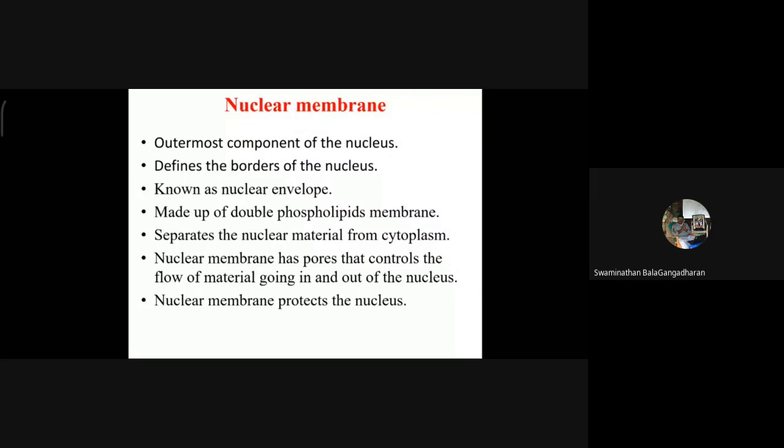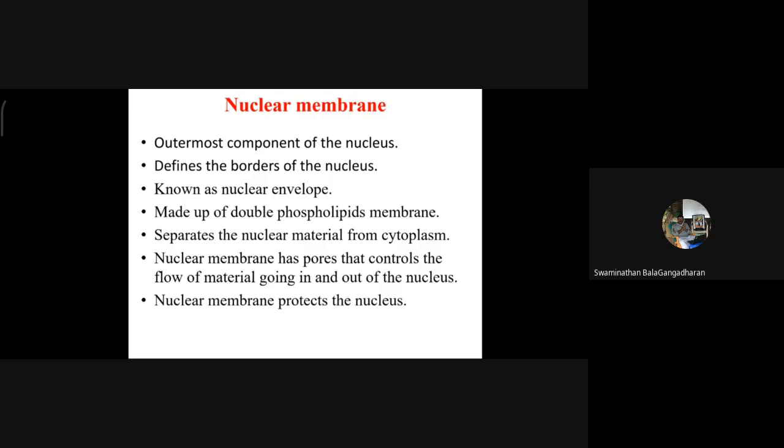So the nuclear membrane is the separation between cytoplasm and nucleoplasm. I think you have understood that cytoplasm is the jelly-like structure inside the cell, and nucleoplasm is the jelly-like structure inside the nucleus. The nucleus is present in the center of the cell and controls the whole cell. It is the brain of the cell. The structure of the nucleus is somewhat similar to a cell.